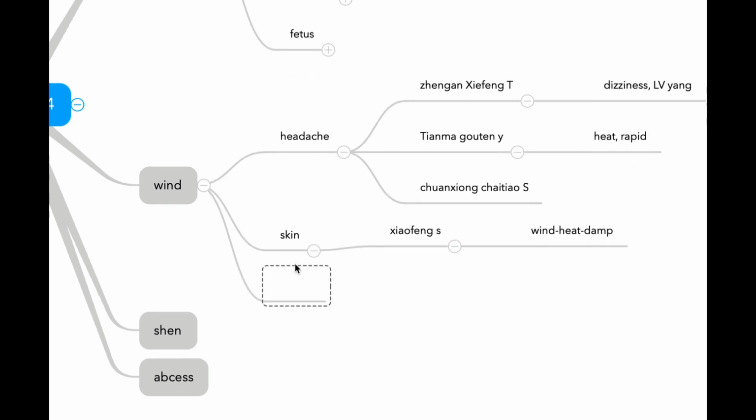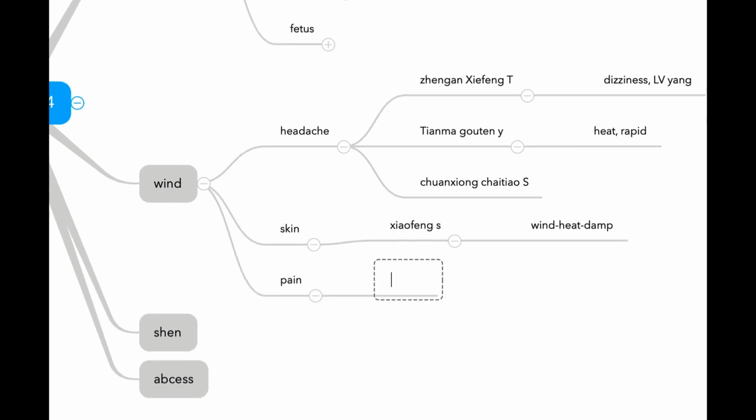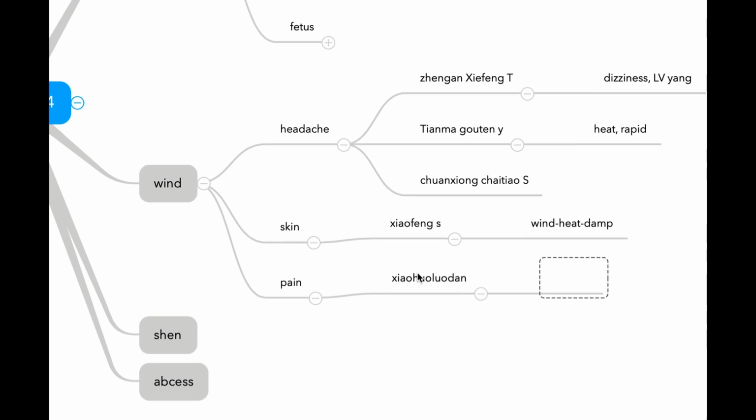And what else? Pain. You learned Xiao Huo Luo Dan. Huo Luo Dan. Xiao Huo Luo Dan. First, blood. Ru Xiang Mu Yao. Ru Xiang Mu Yao.